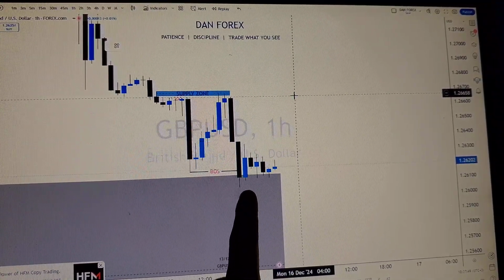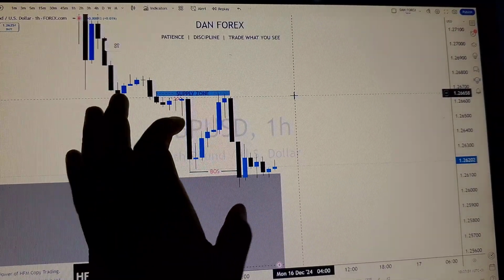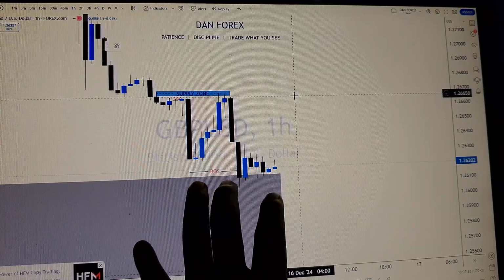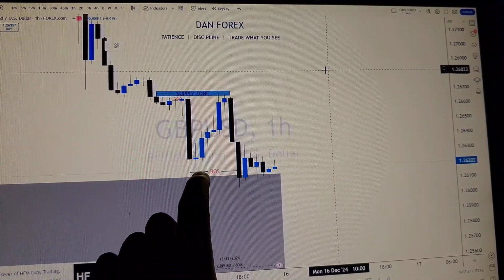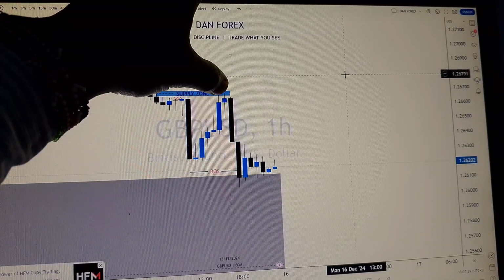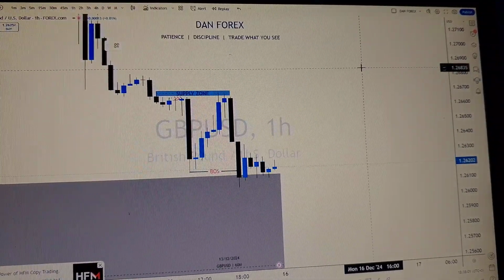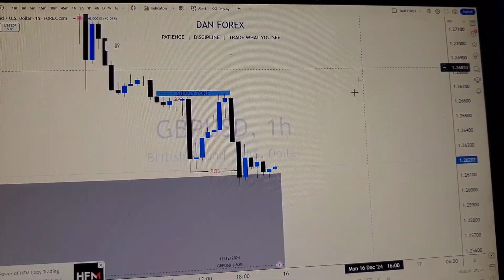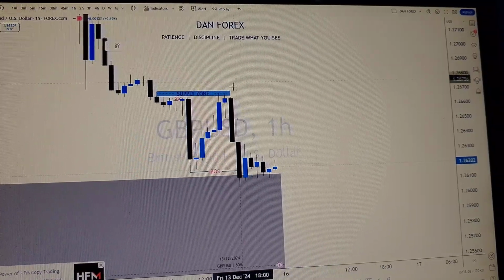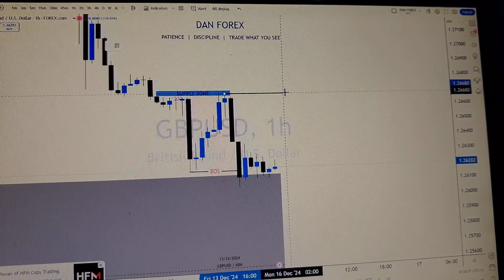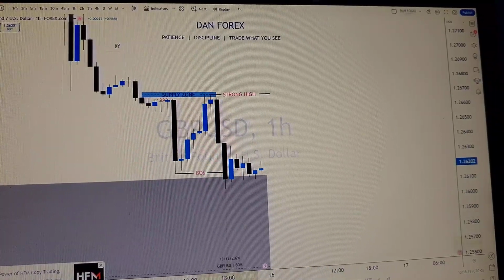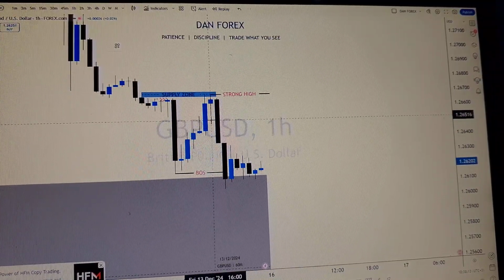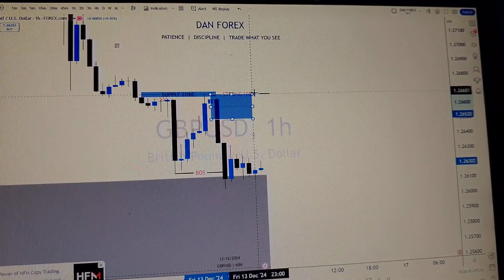Remember, we're just looking for a change of character from this zone. We have a breakout structure, and we have this high as our strong high. We have this candle here as our supply zone.